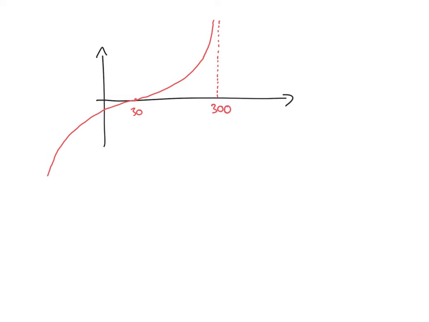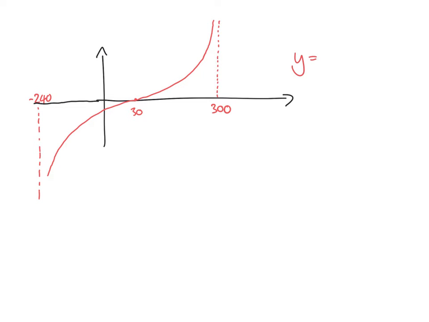So I'm going to put 300 on the x-axis there. And if I think about going backwards, I think minus 240 will be the asymptote at the other side of this wave.